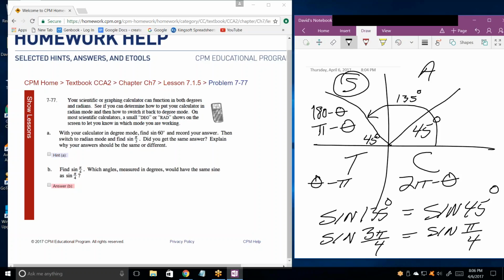So there's no trouble with radians in figuring out the equivalent first quadrant angle. For pi over 4, I would substitute it into there, and I would get 3 pi over 4 as my equivalent angle.